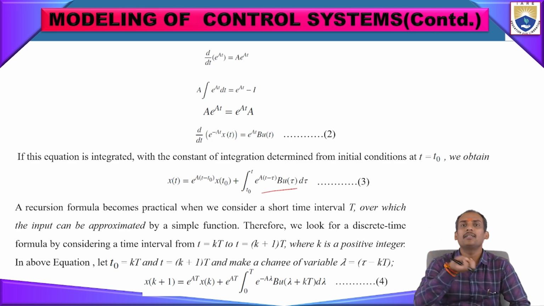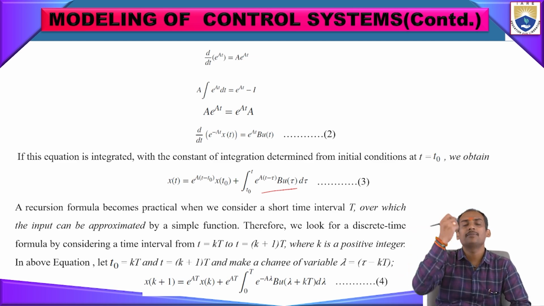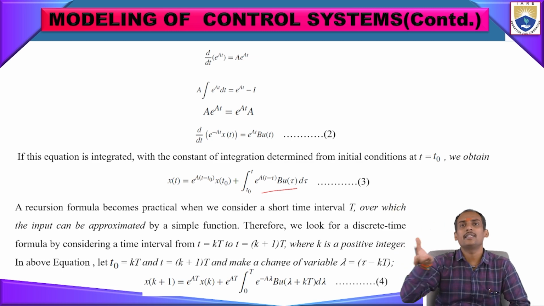From t naught to t, the function changes with respect to the constant k, like k equals 1, 2, 3, 4, so there will be an increment with k only. If k plus 1, k plus 2, k plus 3, the increment is given to the time variable. So k will be a positive integer, t naught will be kT, and t will be equal to (k plus 1)T, which gives a separate variable.